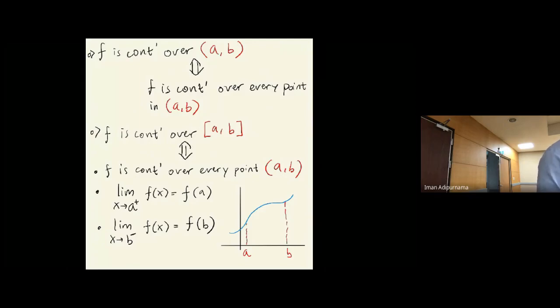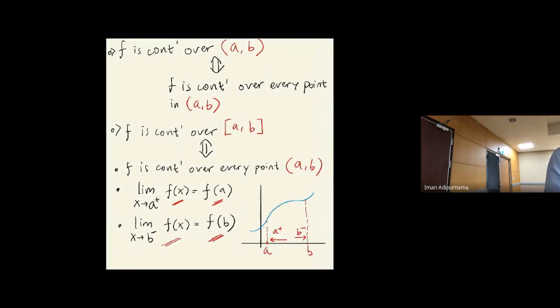And you can prove that at A, approaching from the right, the limit as x approaches A plus is the same as f(A). And at the B part, approaching from the left, you need to make sure that the limit is the same as f(B). I hope it makes sense. So we can say the function is continuous over the closed interval when you can also prove the limit at each side. Okay.